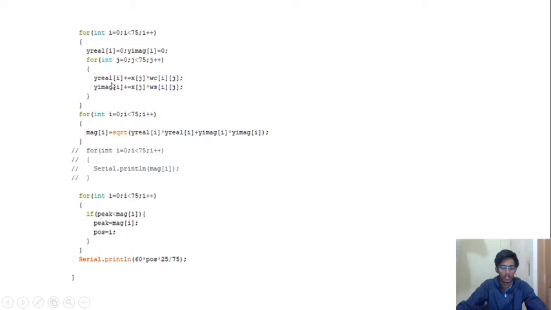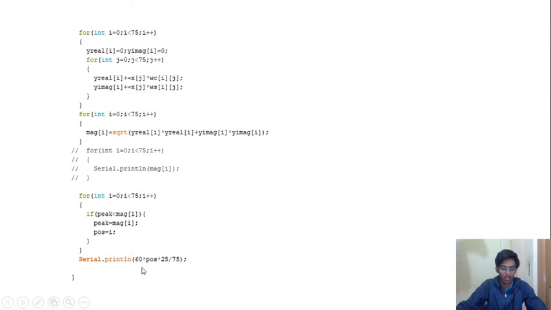Now in this matrix we actually get the real and imaginary parts. So the two matrices are formed, and to finally find the magnitude response we find the square root of the sum of squares of the real part and the imaginary part. This part was for printing the magnitude function, and here we find out the pulse rate, where the pulse rate is defined by the peak value and the position of the peak value.